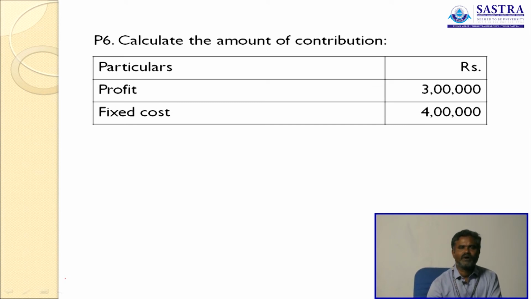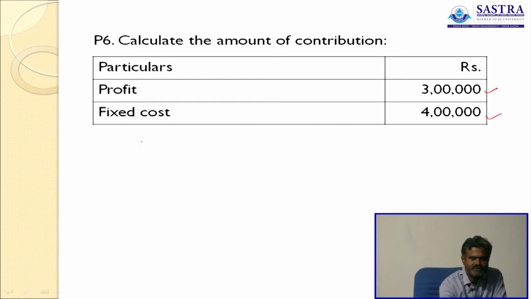Calculate the amount of contribution. Profit is 3 lakh, fixed cost is 4 lakh. Only two pieces of information are given. Already I told you, the bottom lines of the marginal cost statement are given.